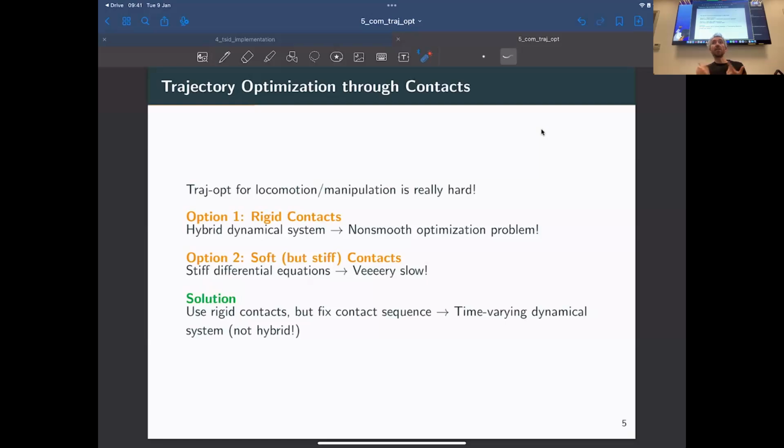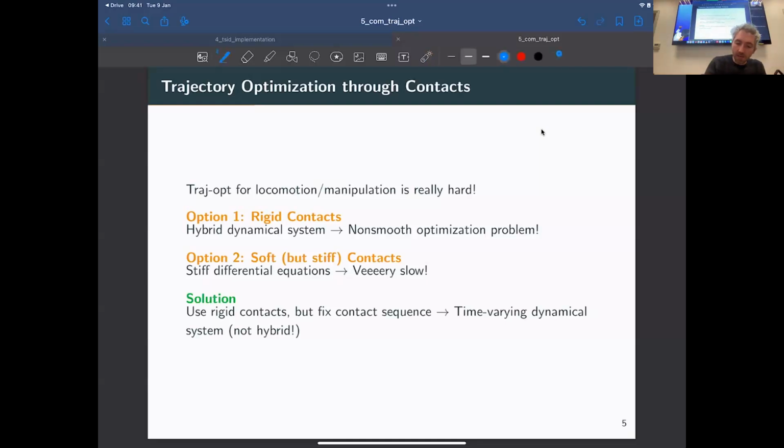It's just a time-varying dynamical system. So you still have these extra constraints that appear and disappear in your dynamics, but they're no longer based on your state. They're just based on time. So you're going to have different dynamics for different times during the horizon.